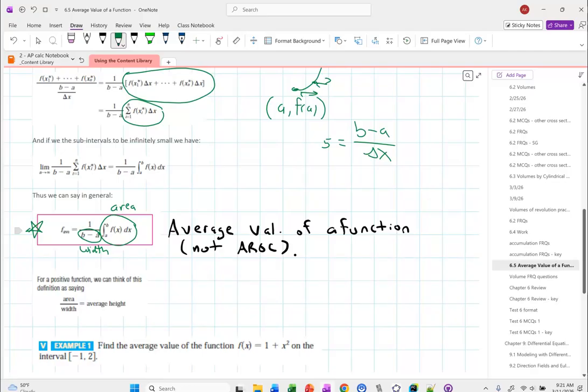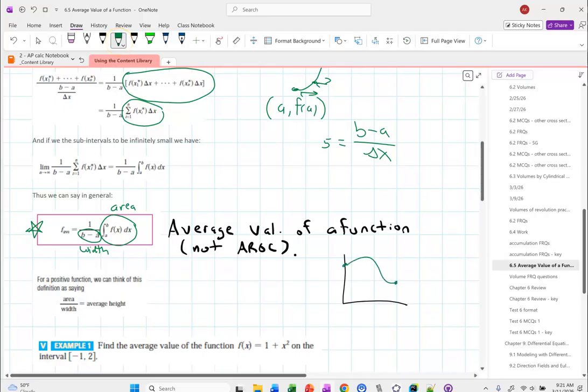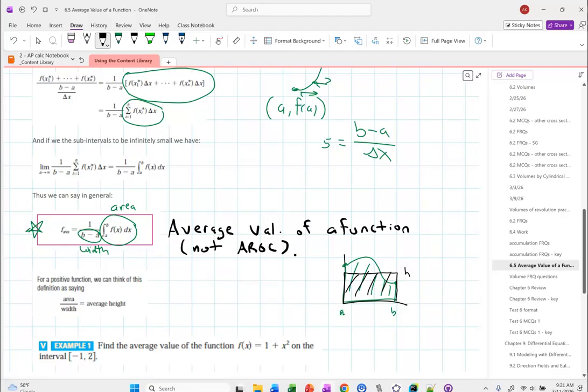Even if it's not a rectangle, this is our area, from A to B. What we're talking about is finding a height where the area of the rectangle would be the same as the area under the curve. That's that special height that we're finding there.